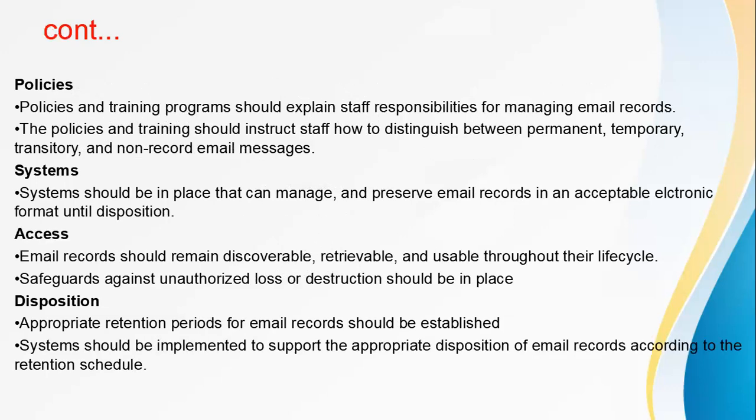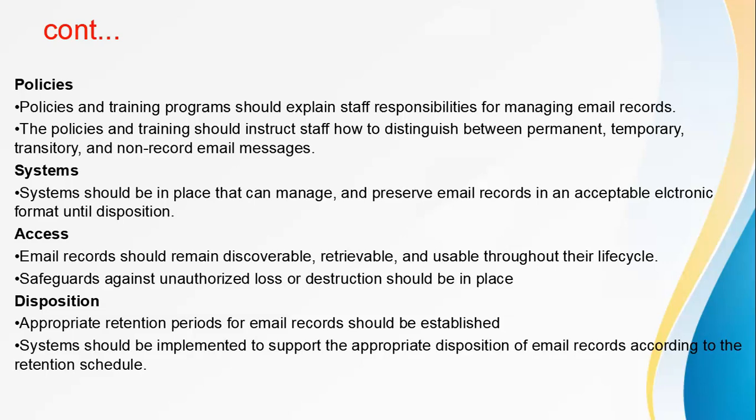Policies and training programs should explain staff responsibility for managing email records. They should instruct staff how to distinguish between permanent, temporary, transitory, and non-record email messages. The system should be in place that can manage and preserve email records in an acceptable electronic format until disposal.